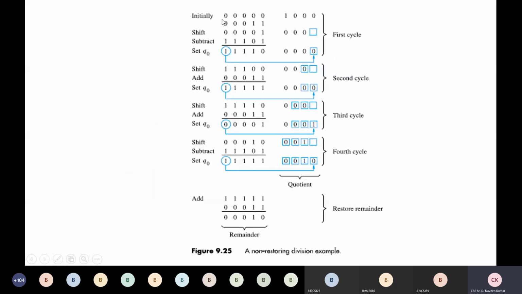You can see this is stage 1, 4 cycles, 1 to 4, and finally this is stage 2, because the contents of A are negative, because the MSB is 1. That's why we do the restore operation by adding 3 zeros and 1 1. We add the divisor, and finally we get the remainder, the positive one, restore operation.